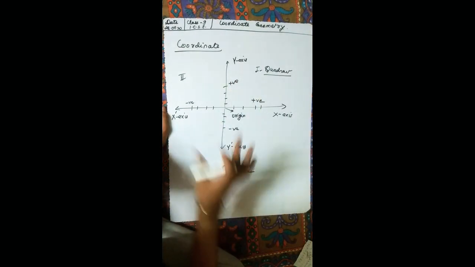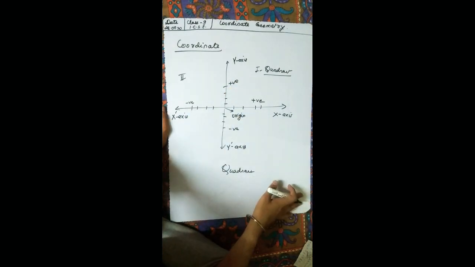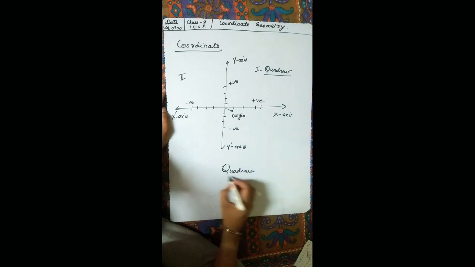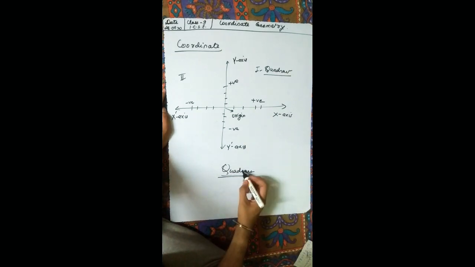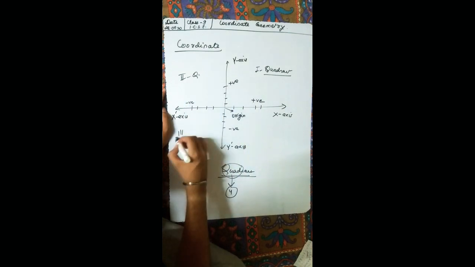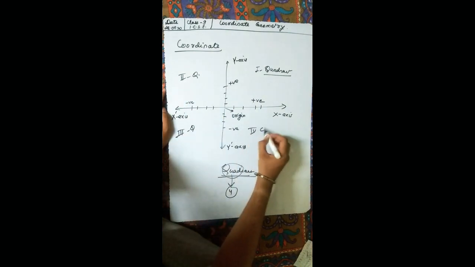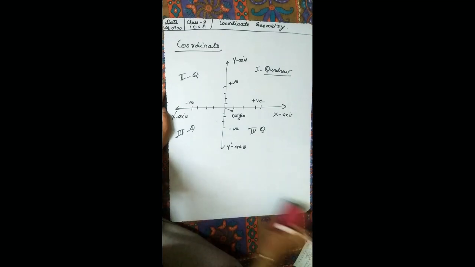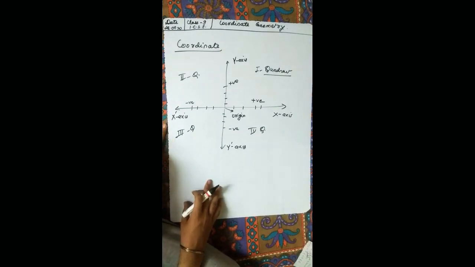We are seeing two-dimensional geometry, where you have four quadrants. Quadrant comes from quad, meaning four, so there are four planes. That is what we are saying: first, second, third, and fourth quadrant. Now what next?